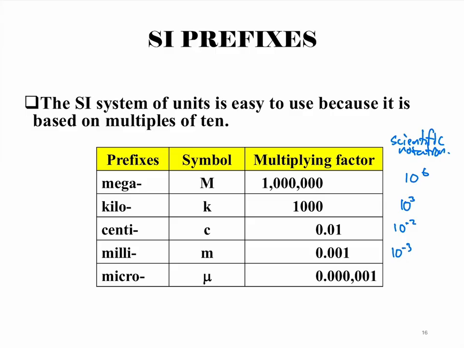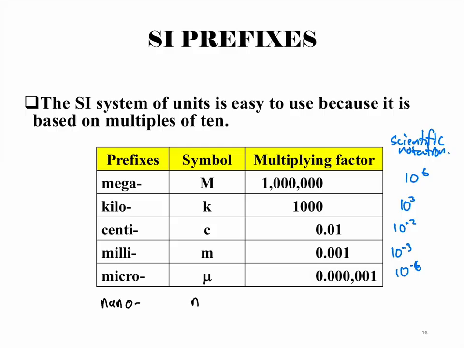And then micro is going to be 10 to the minus 6. And if we went even smaller, you start getting into the size, the range of atoms. So I'm going to add one more column here. We can have nano, which is usually indicated by a lowercase n.